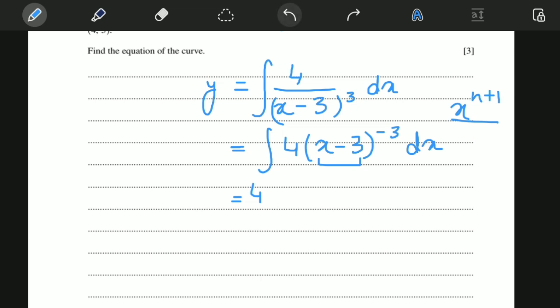So we are doing the same. We are writing it (x minus 3) power minus 3 plus 1 over minus 3 plus 1, plus the constant of integration.